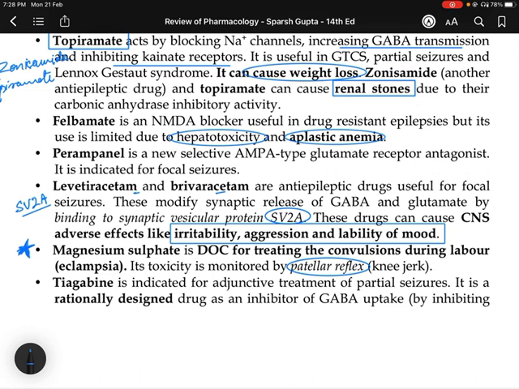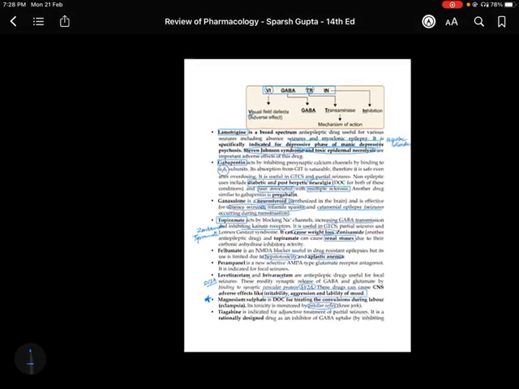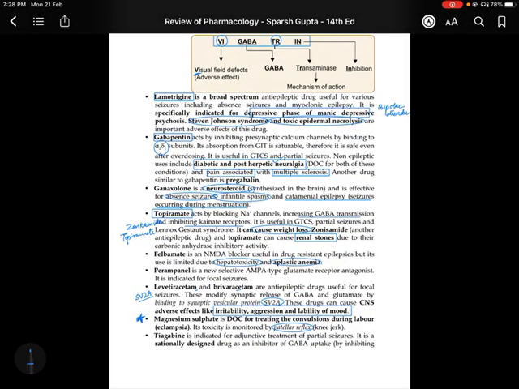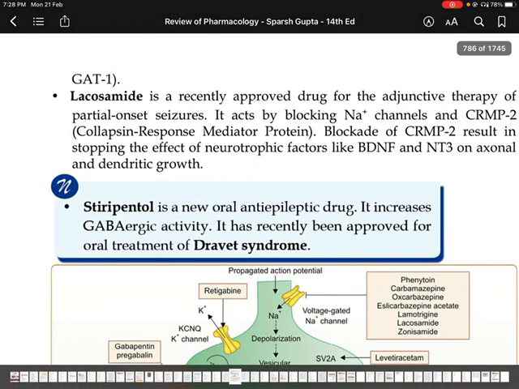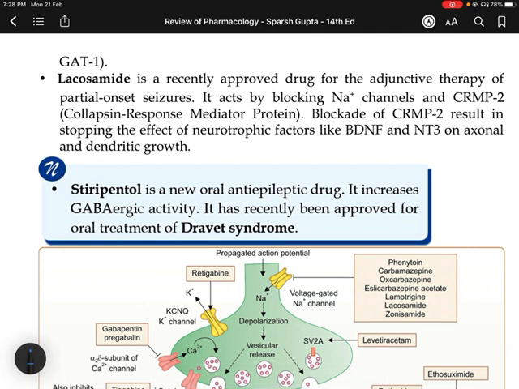Also, tiagabine is indicated for adjunctive treatment of partial seizure. It is a rationally designed drug as an inhibitor of GABA uptake, by inhibiting what? GAT1. Lacosamide is a recently approved drug for the adjunctive therapy of partial onset seizure.